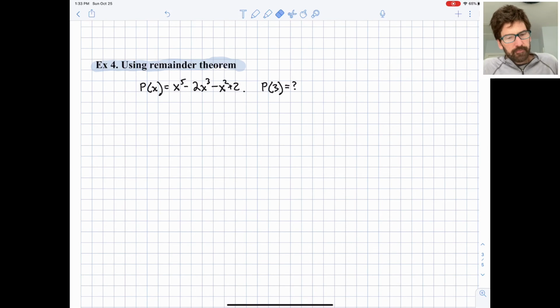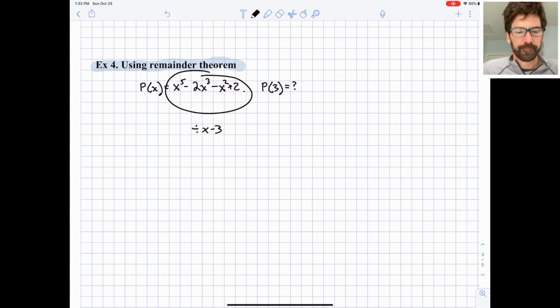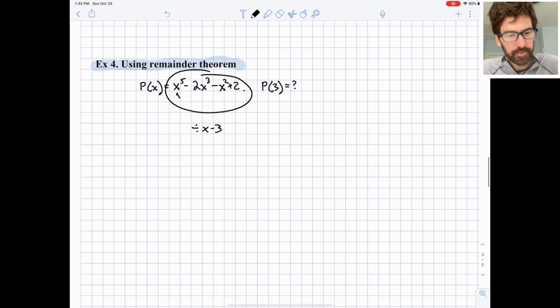So in other words, what that means is if we can divide this polynomial here by x minus 3, the remainder that we get is the value of the polynomial if we were to plug 3 in for x. In other words, that's what p of 3 is, plugging 3 in, evaluating my polynomial at 3.